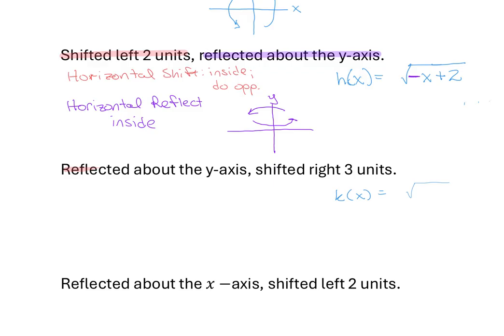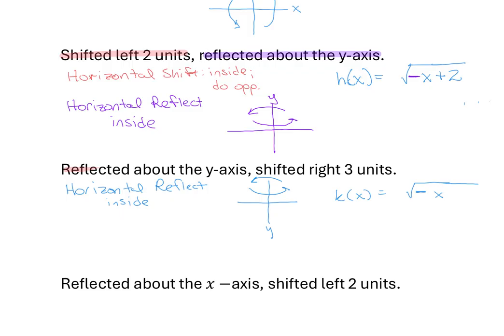And so we do need to be careful on how we do this. So we're going to start with our reflection. We have reflected about the y-axis. And this is going to be a horizontal reflection. It is going to be inside. And so we're going to have a negative here.